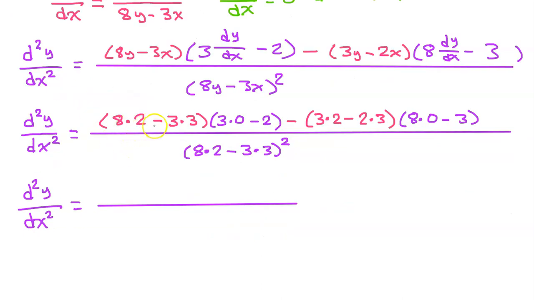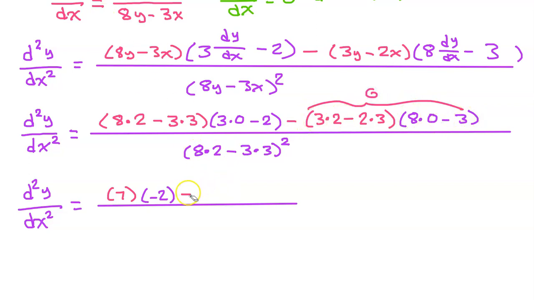So we have 16 minus 9, which is 7. And then we have 0 minus 2, which is negative 2. And then we have 6 minus 6, which is 0. And once that is multiplied by whatever's going on over here, the net result of this is 0. So this entire expression is gone.